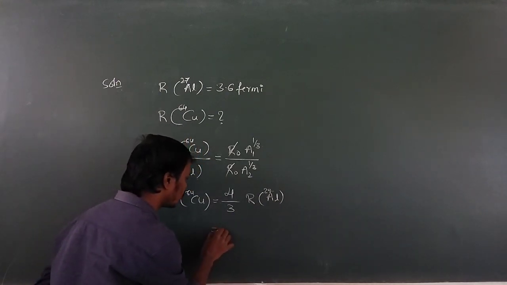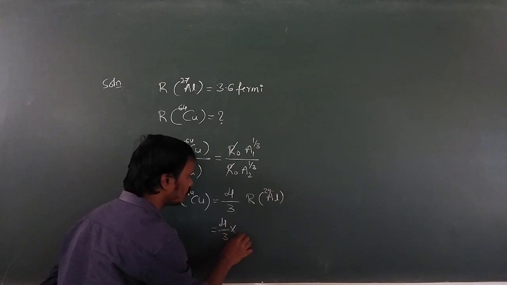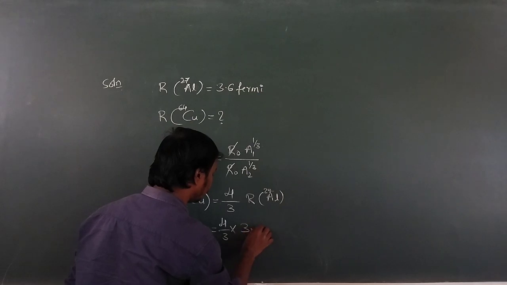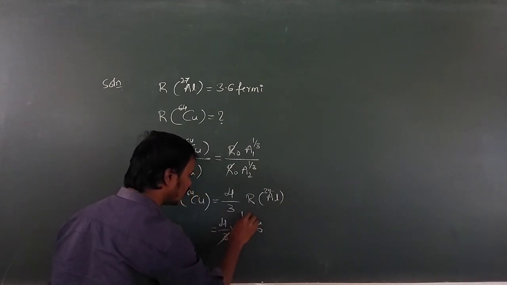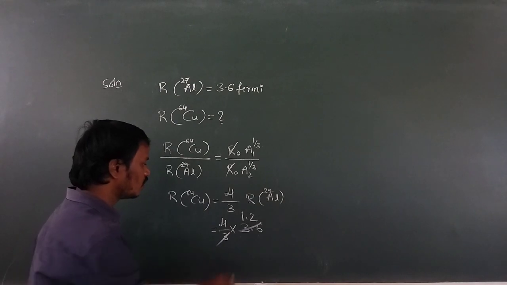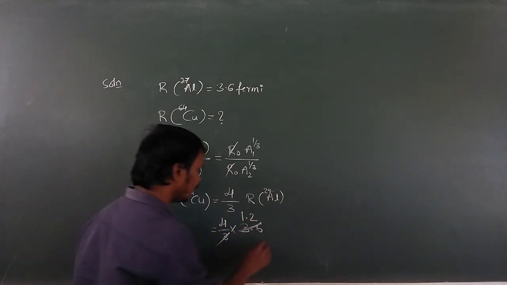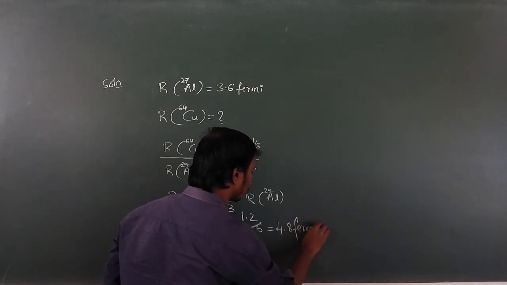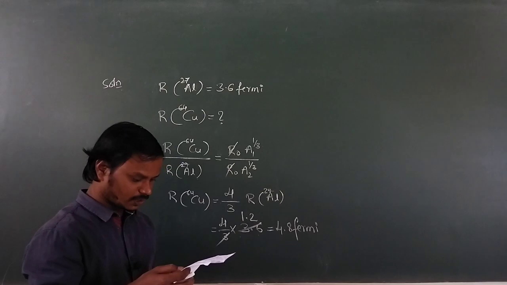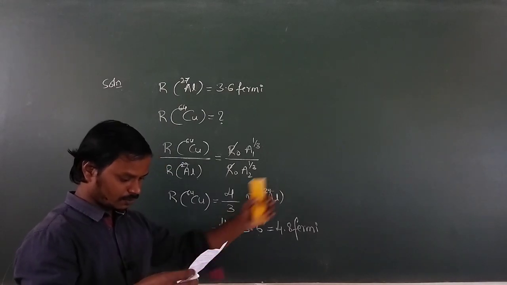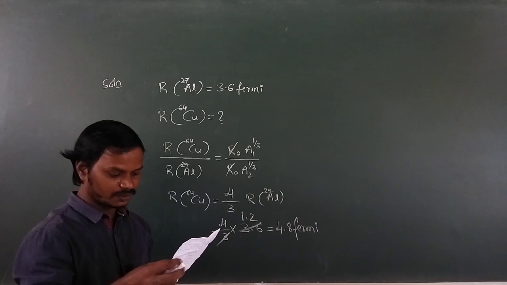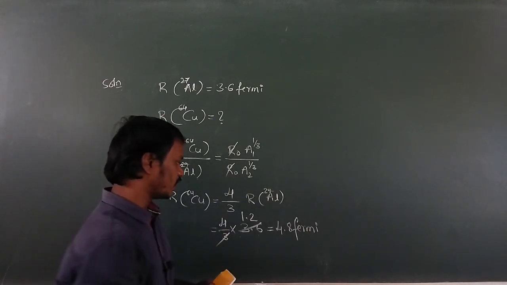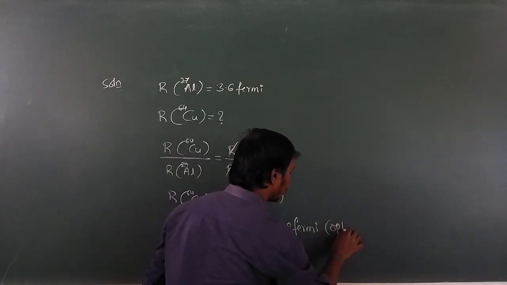Now let us substitute the values: 4 by 3 into the radius of aluminum-27, that is 3.6. 3 ones are 3, 3 twos are 6, so 1.2. Then 1.2 into 4 is 4.8 Fermi. The options are: first option 2.4, second option 1.2, third option 4.8 and last option 3.6. So option 3 is correct.